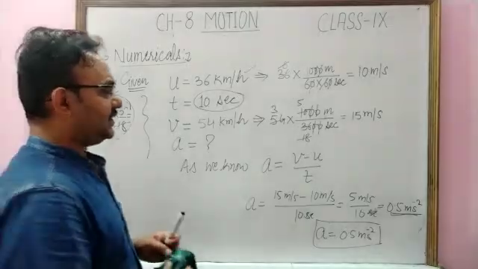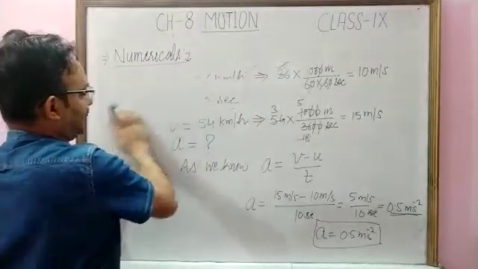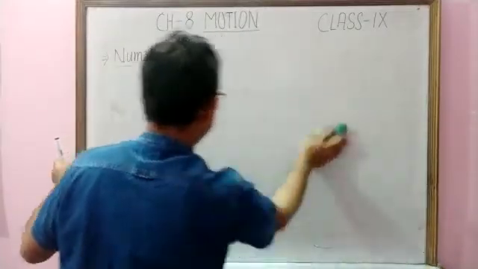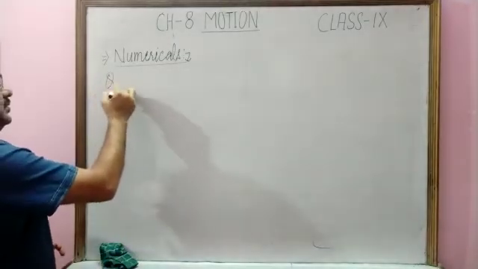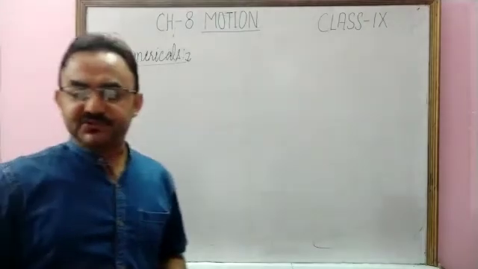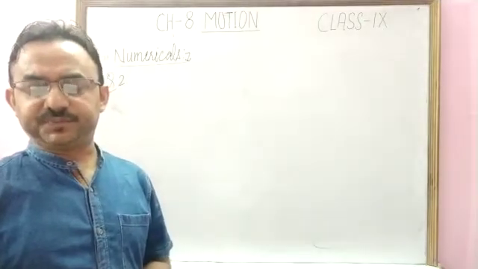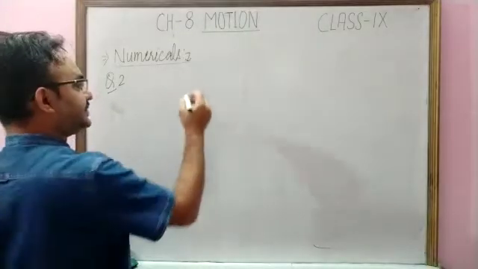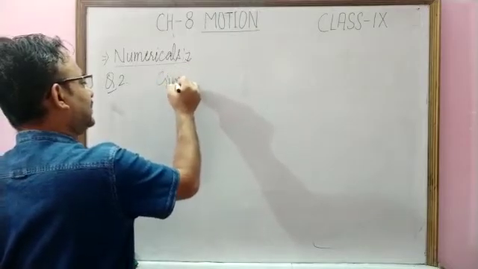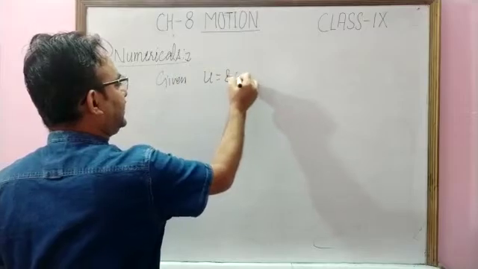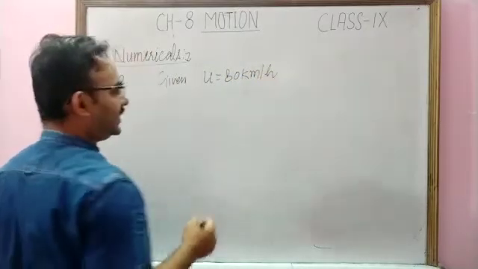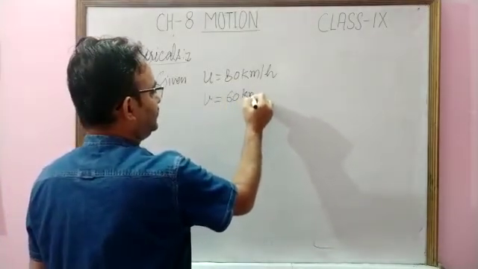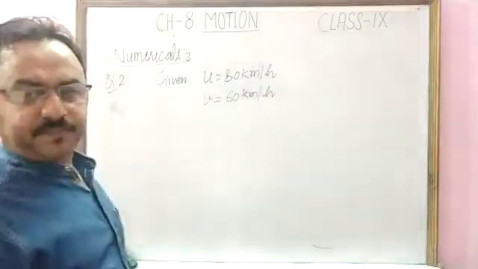Now next question is here. A bus decreases its speed from 80 km per hour to 60 km per hour in 5 seconds.